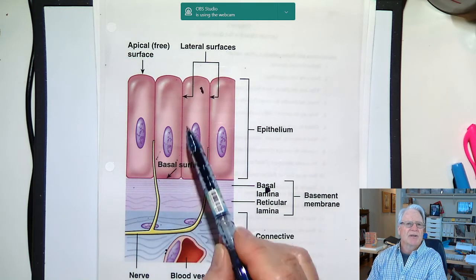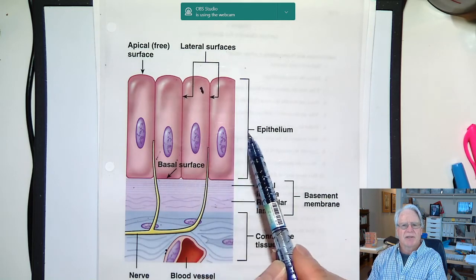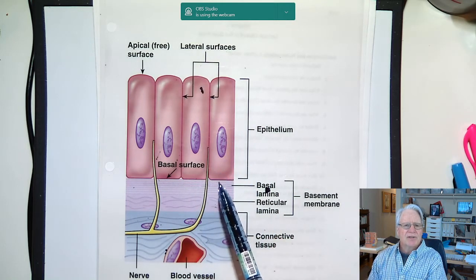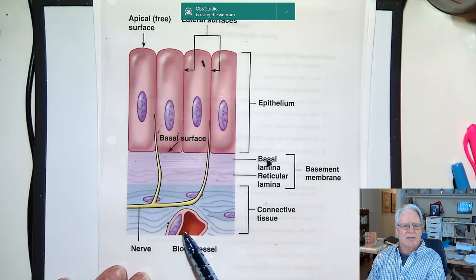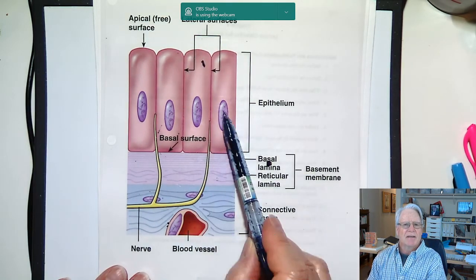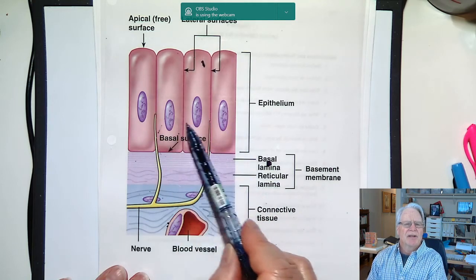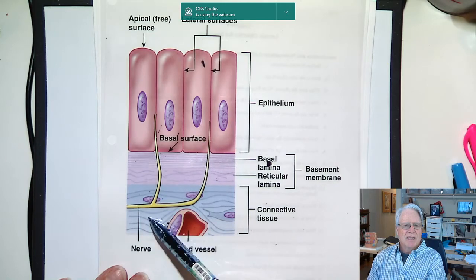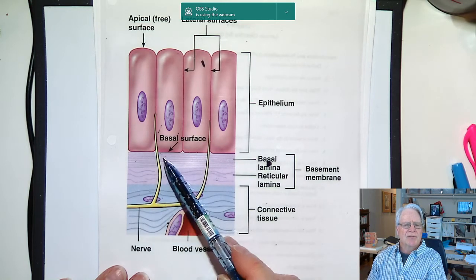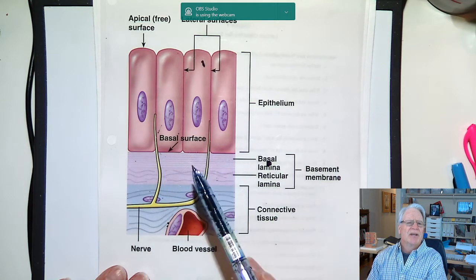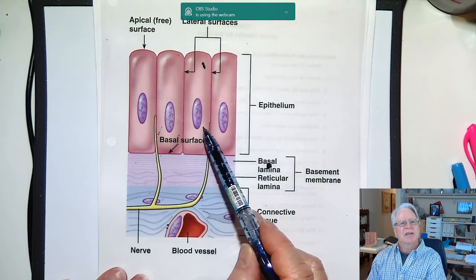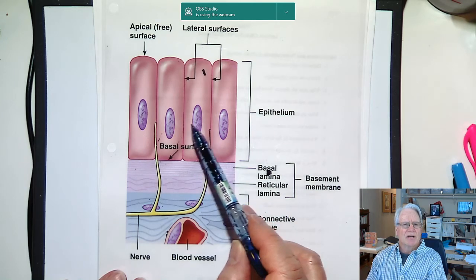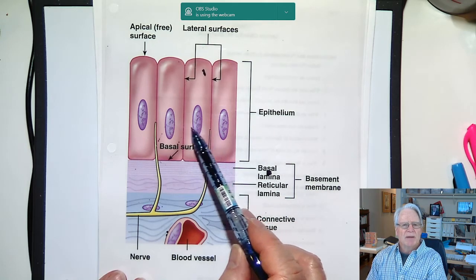The basal surface, the apical surface, the lateral surfaces. We also see that the blood vessels are not in the epithelial layer. There's not a lot of extracellular material. And in this case, they're showing us nerves that are penetrating into the epithelial layer. So this might be an example of, say, the olfactory membrane in your nasal cavity, being able to breathe.